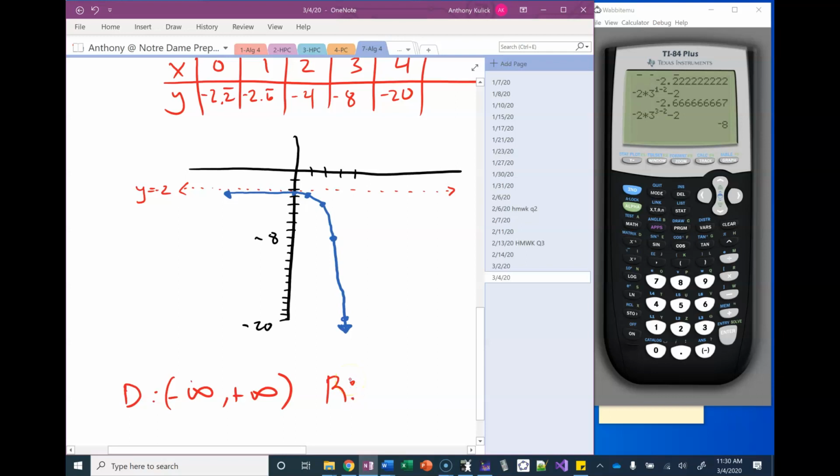We have to look at the value for a and the value for k. Since the a value is negative, we're going to start with negative infinity. And because the k value is negative 2, we end with negative 2. So there's our solution for 3.